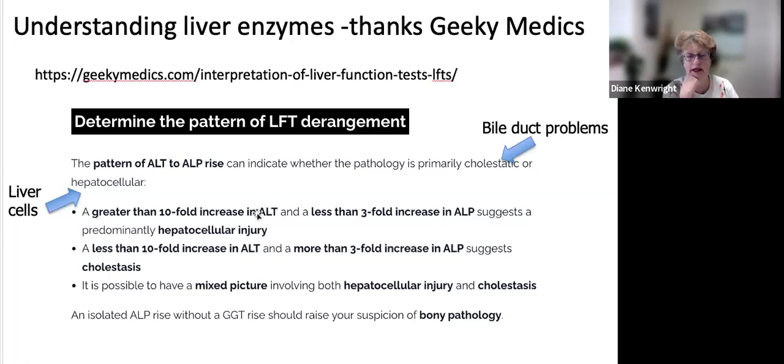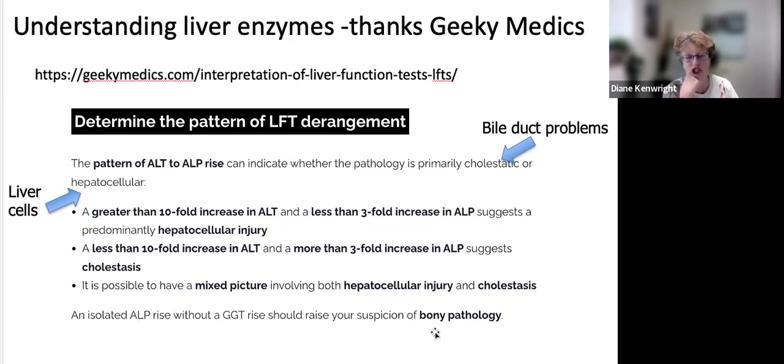So if the ALT increases more than 10 times, and there's less than a threefold increase in ALP, think of the liver cells, hepatocellular injury. If it's the other way around and the ALT isn't raised so much and the ALP is up, then it's cholestasis. If they're both up, then it is a mixed picture.